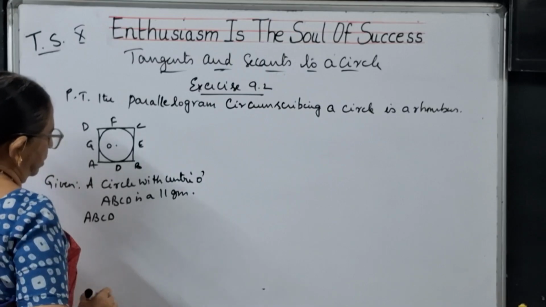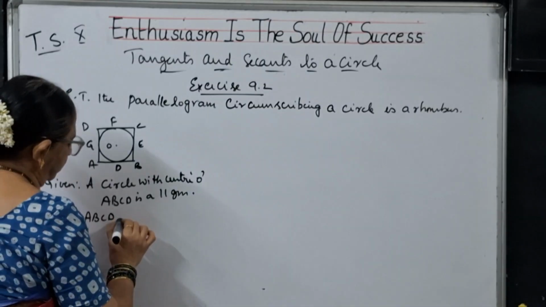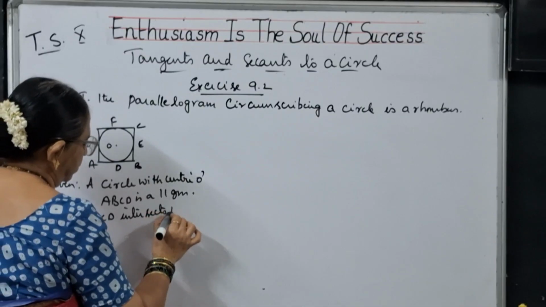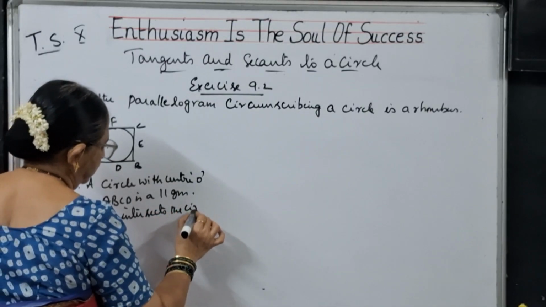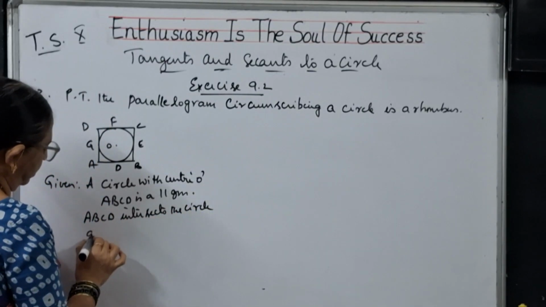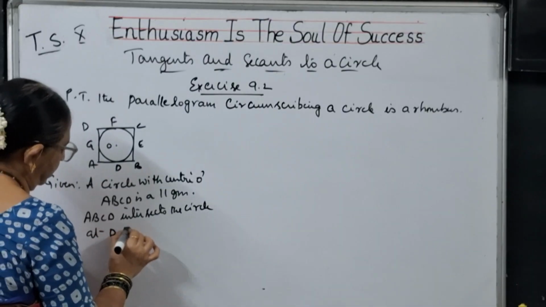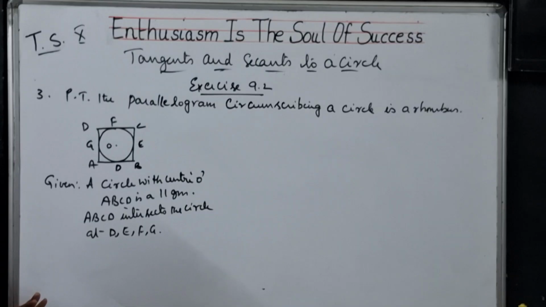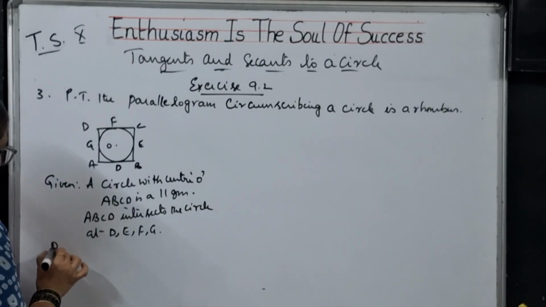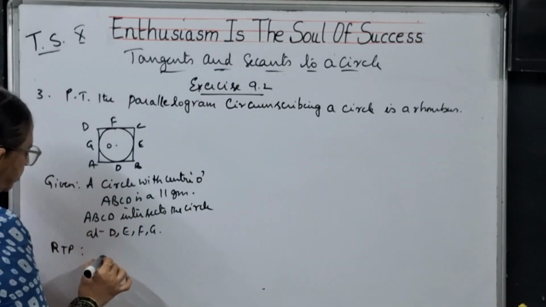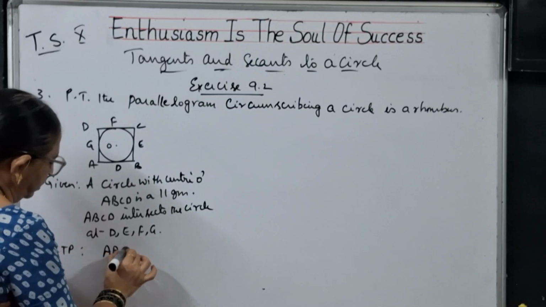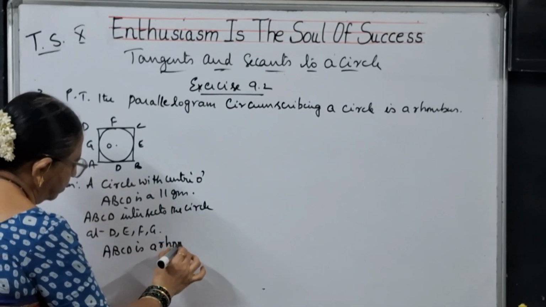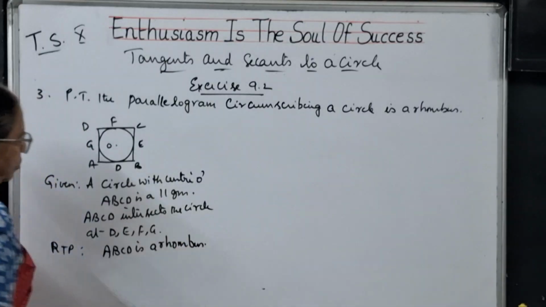ABCD touches the circle at those points. What is RTP? We need to prove that ABCD is a rhombus. This you have to prove.